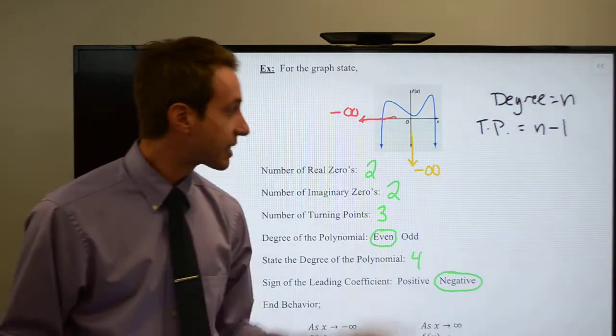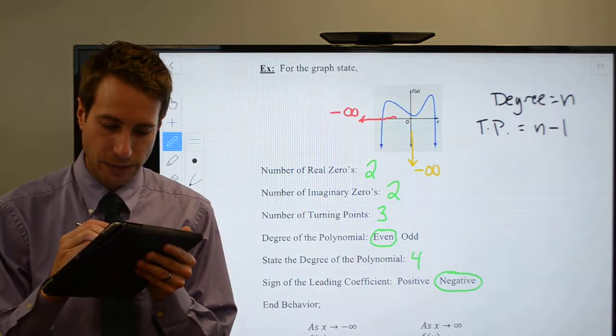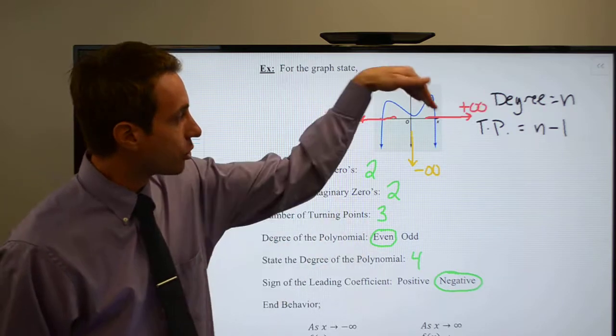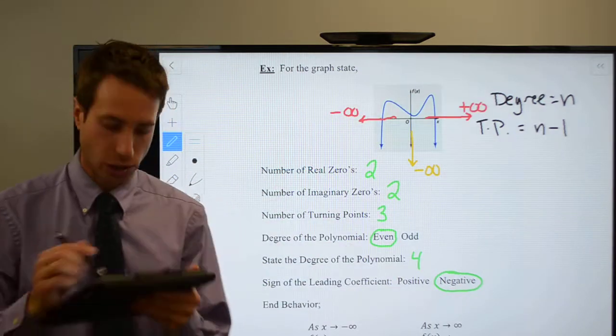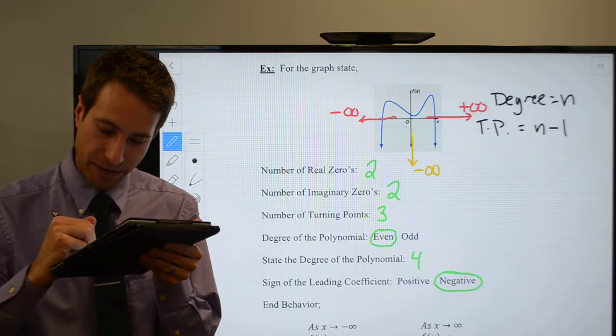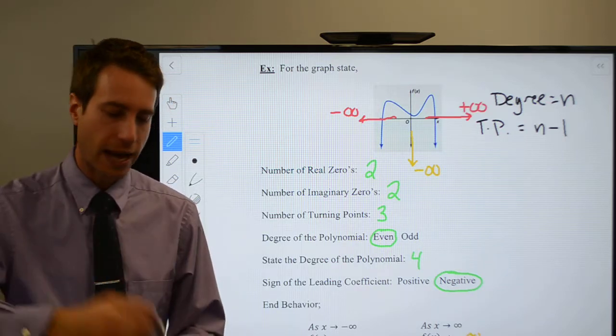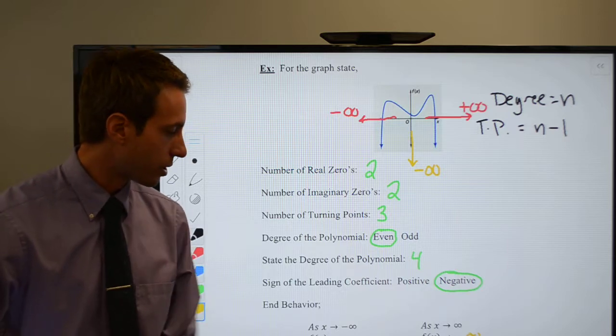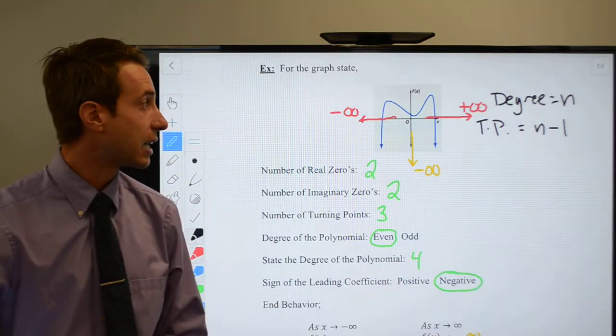On the other side, as x heads to positive infinity, what happens to my function? Well, it is also headed in the negative infinity direction, so we'll just throw a negative infinity right there. I apologize if the yellow is a little hard to see: negative infinity and negative infinity.